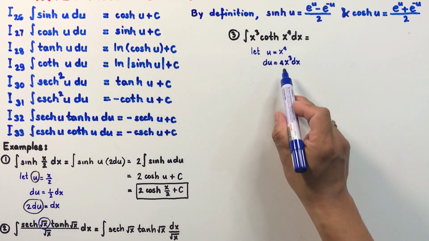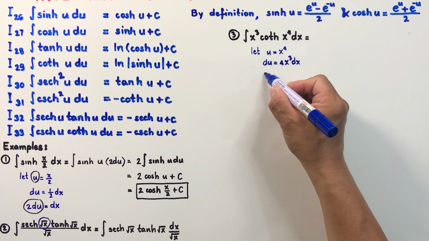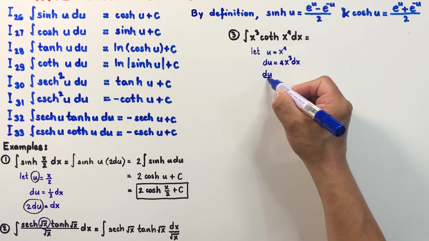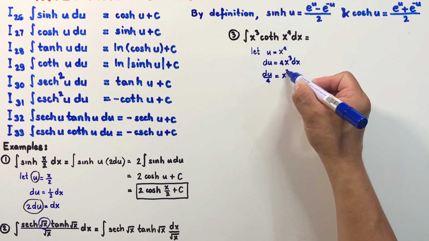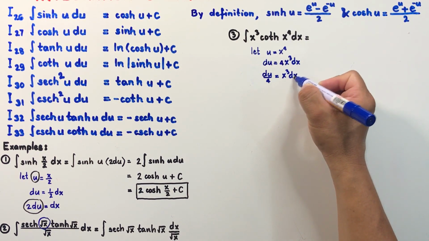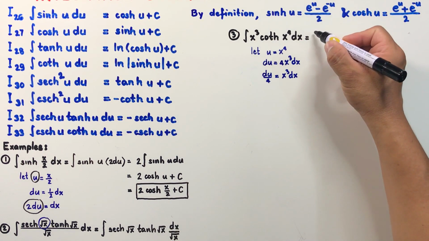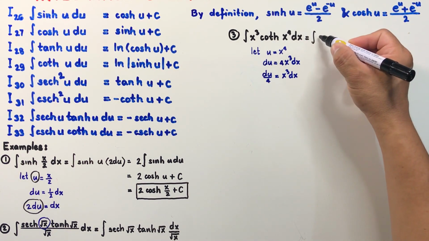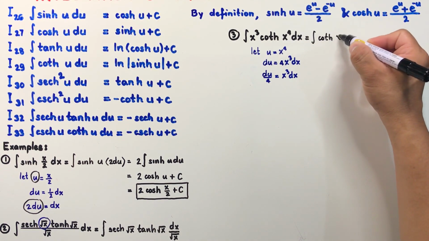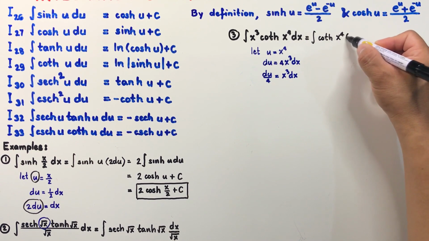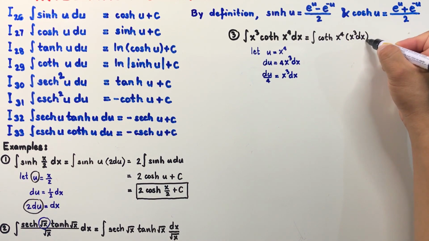But we don't have a number 4 in our integrand, so we need to divide both sides of the equation by 4. So this is du over 4, which is equal to x cubed dx. And this gives the idea to rewrite our integrand here as the integral of the hyperbolic cotangent of x to the power of 4 times x cubed dx here.